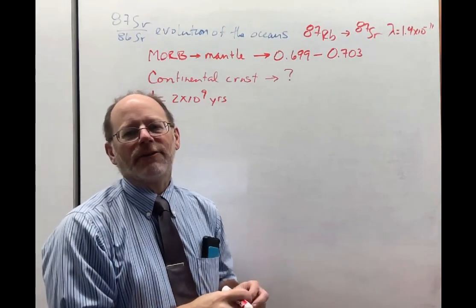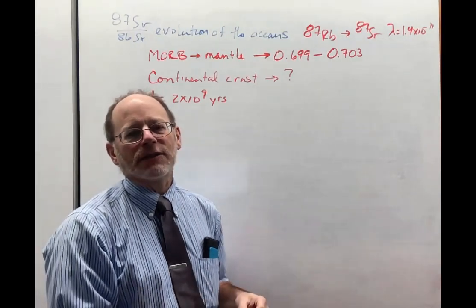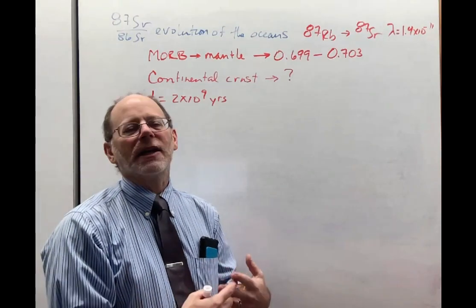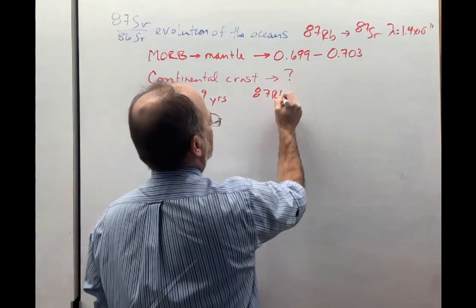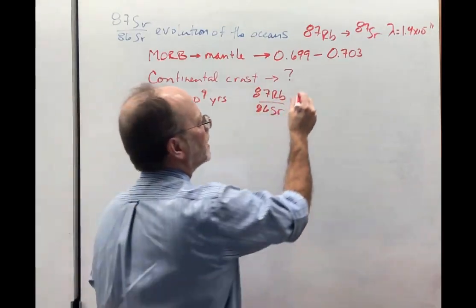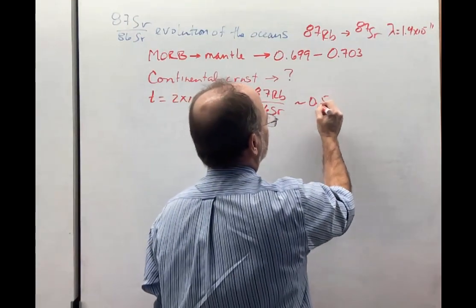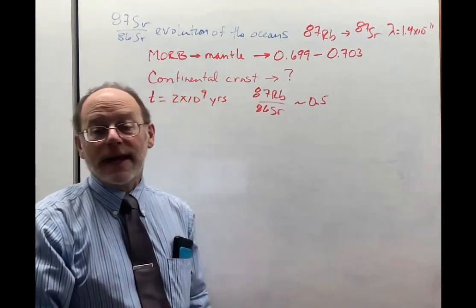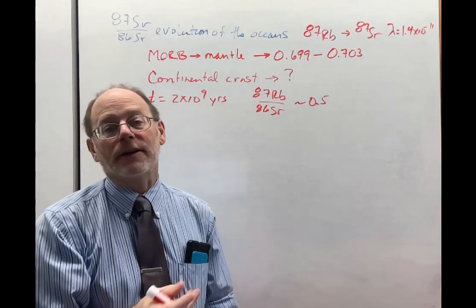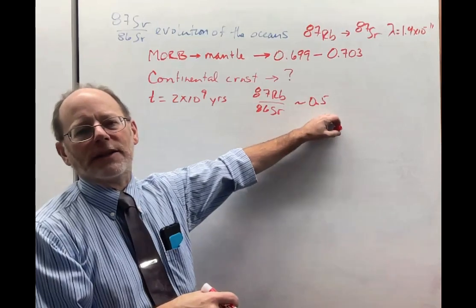I looked this up from a compilation of continental crust compositions from Rudnick and Gao, and they suggest that a common 87 rubidium, 86 strontium ratio might be on the order of 0.5. It can be higher than that. There's certainly granites that have values that are 2, 3, 4, or even higher in some cases. But let's just take average continental crust and see where that gets us.